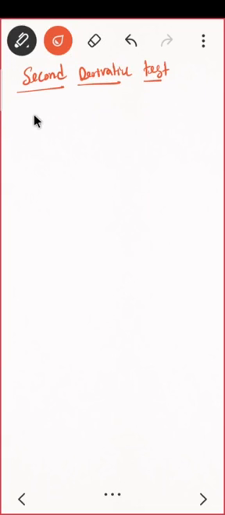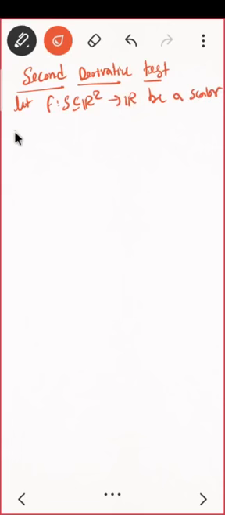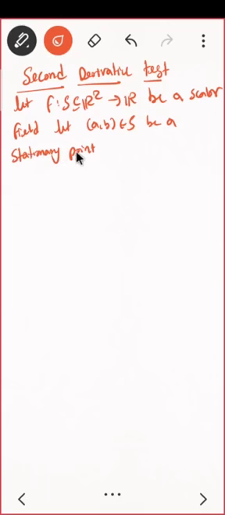Okay. So let f from S subset of R2 to R be a scalar field and let (a, b) belonging to S be a stationary point. You know what a stationary point is? That means the derivative at that point, delta f, is 0.